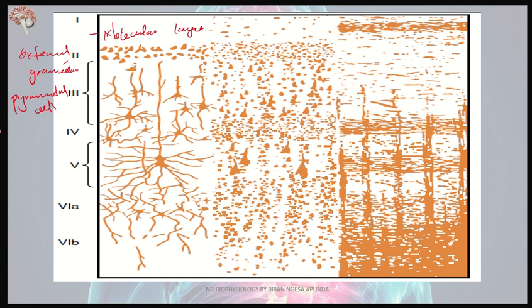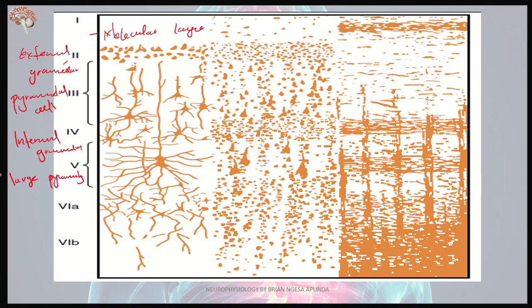Most of the time, they are likely to originate from these pyramidal cells. Layer 4, we have the internal granular layer. Layer 5, we have the large pyramidal cells, large compared to the other pyramidal cells in layer 3.